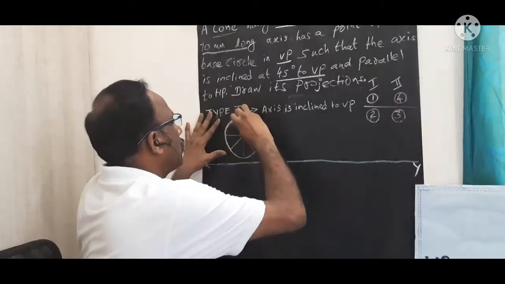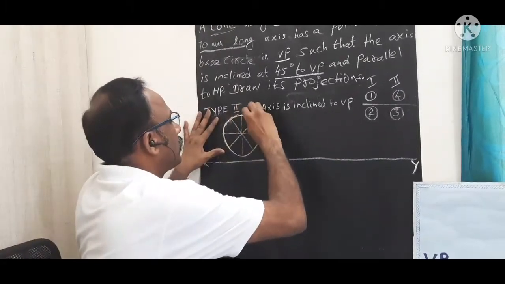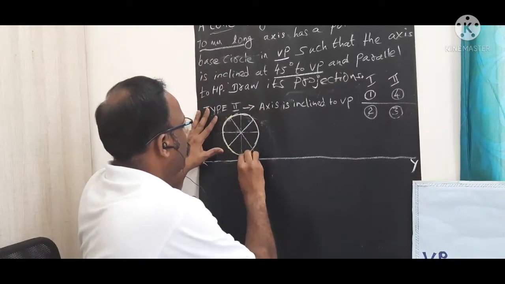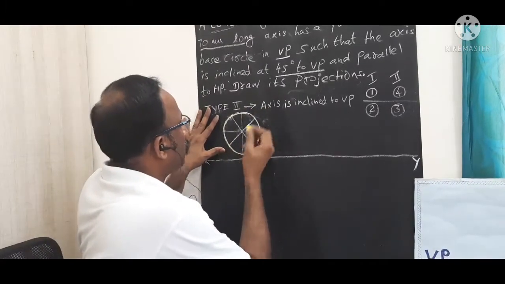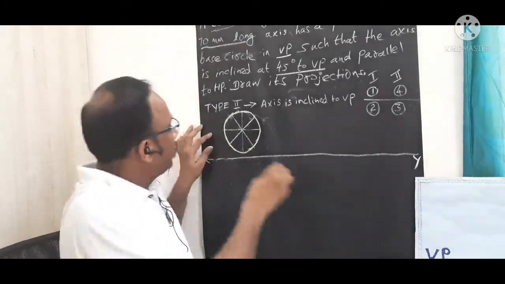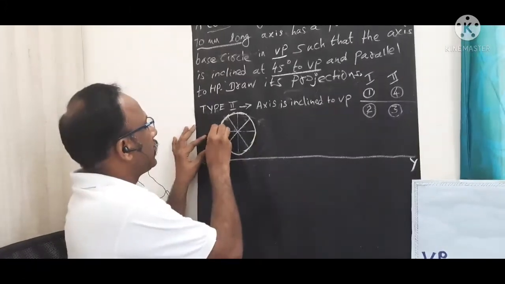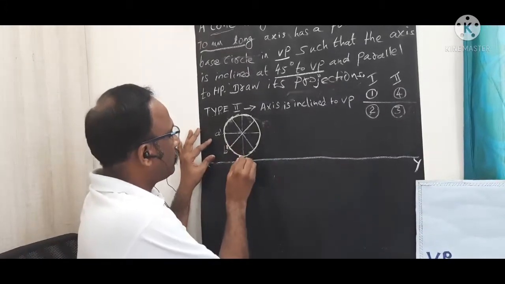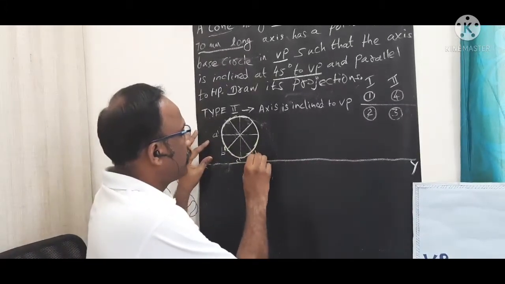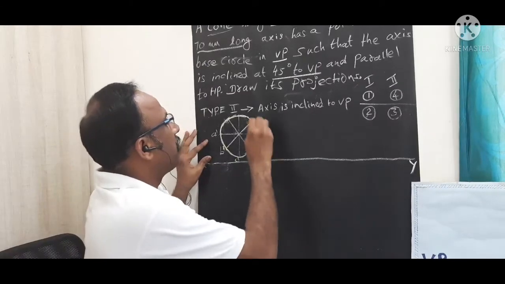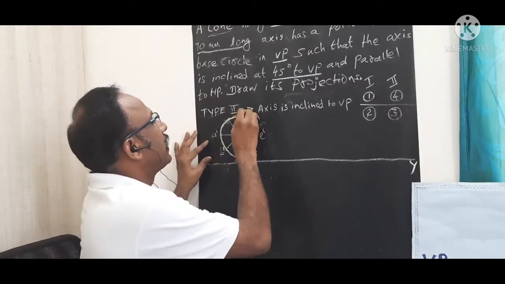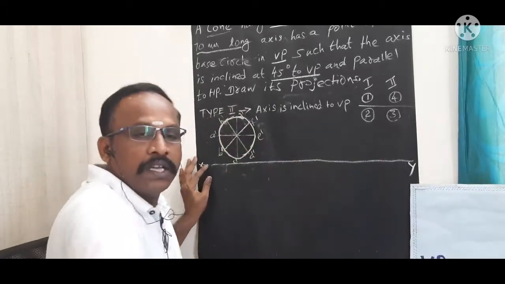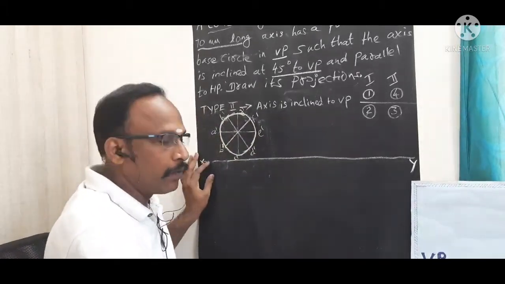I name the first point A dash, the second point B dash, because all are front view points, then C dash, D dash, E dash, F dash, G dash and H dash. First I drew the circle as the front view.